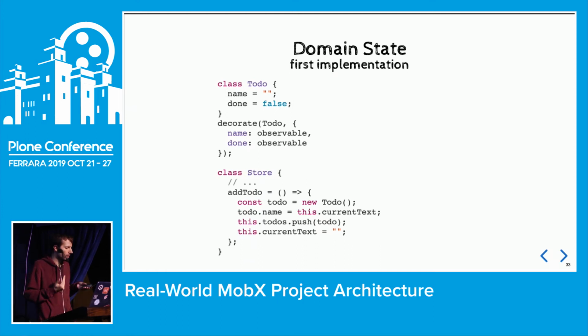And obviously now we need to update our store definition because now we are using classes, so we need to actually create an instance of that to-do domain model class. And here we are speaking about only one domain model, to-do. But obviously, in your application, you will have more than one domain model. So, for example, you will have users, etc.